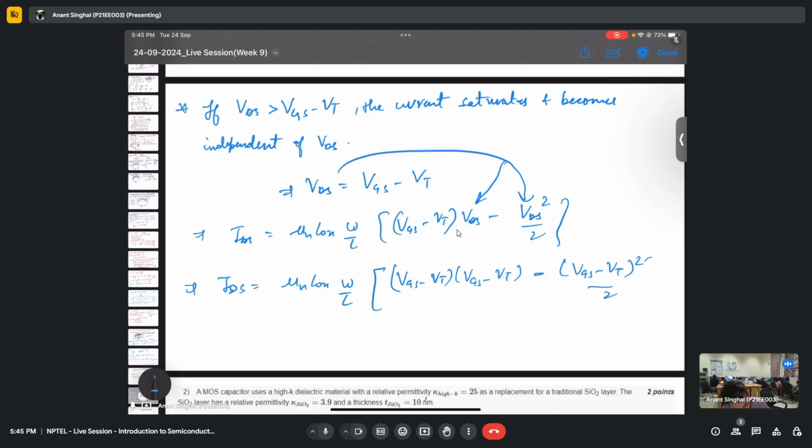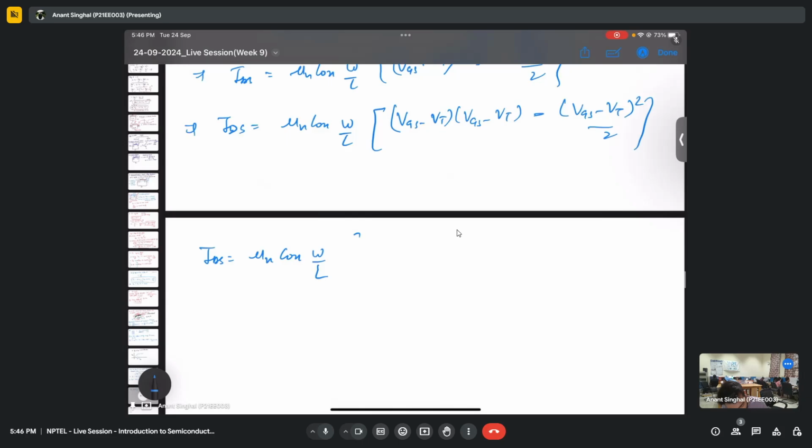So this term will become a square, and this is a square by 2. If I subtract them, it will be a square by 2. That is, IDS equals mu n Cox W by L times VGS minus VT whole square by 2. This is the case when VDS is increased beyond VGS minus VT.